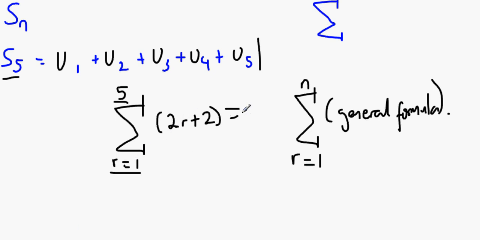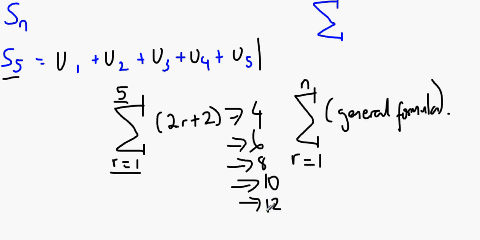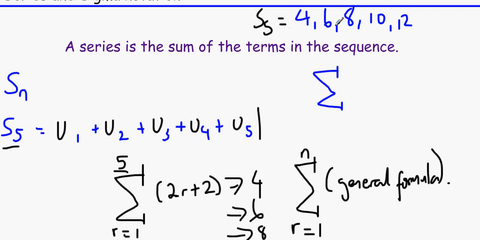So let me start with 1. 2 times 1 equals 2, plus 2 equals 4. 2 times 2 equals 4 plus 2 equals 6. 2 times 3 equals 6 plus 2 equals 8. 2 times 4 equals 8 plus 2 equals 10. And the last one is 12. As you can see, it's exactly the same as this.